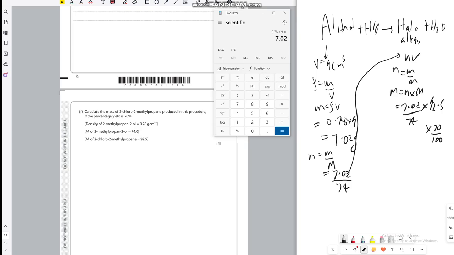So we move on to the steps. 7.02 divided by 74, multiplied by 92.5, into 70 over 100. I can write it as multiply by 0.7, isn't it? So I get the mass as 6.4125 grams.